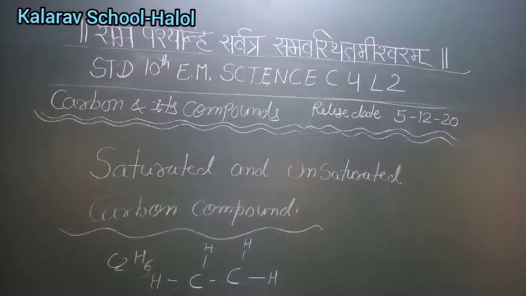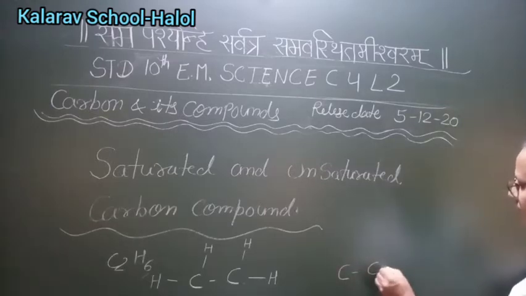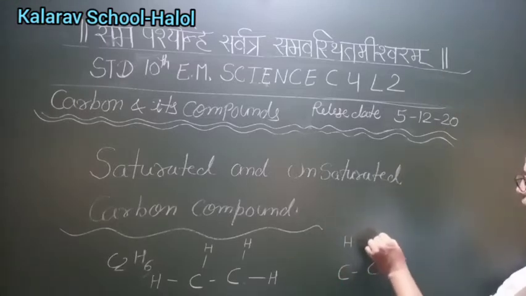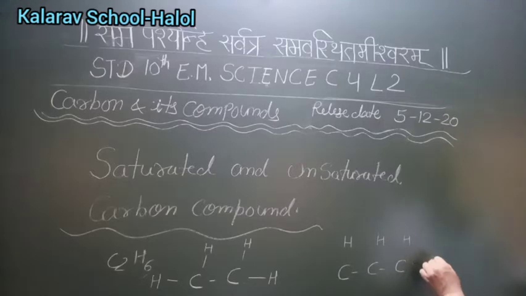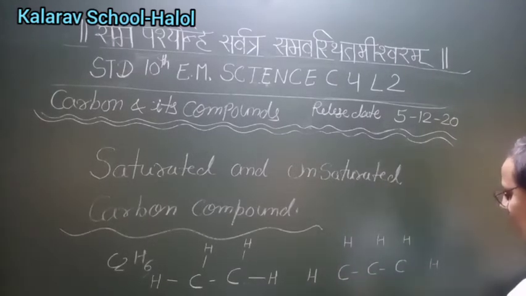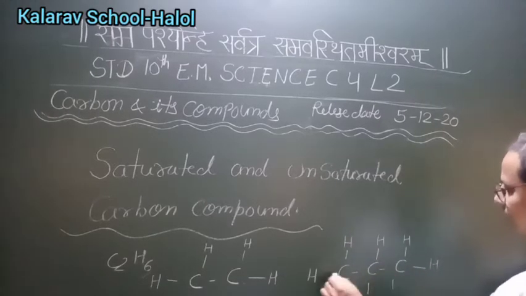Now it is asking, can you draw the structure of propane, C3H8? Yes, we can do that. C3 means carbon, single bond, carbon, single bond, carbon, and H8: 1, 2, 3, 4, 5, 6, 7 and 8, all associated with single bonds.